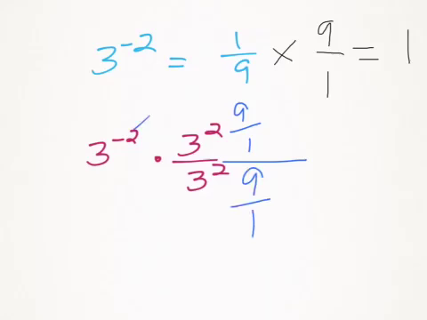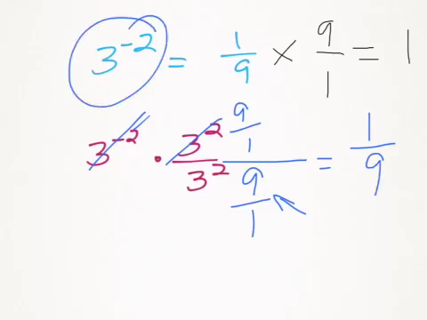This will cancel out the 3 to the negative second power with the 3 squared, because when you multiply those two together, you get 1. So what you'll be left with when we simplify the denominator is 1 over 9. Essentially what it all means is, if you see this, do this: take your exponent and your base number and make it the denominator.